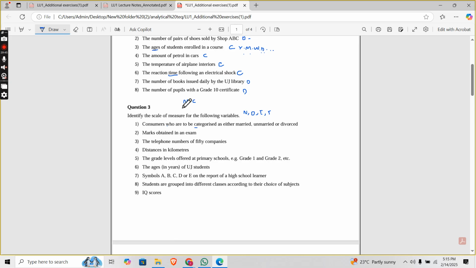If it's numerical, you know for sure that it's either interval or ratio scale. If it's categorical, you know that it's either the nominal scale or the ordinal scale, so that you don't try to compare all the scales at once.